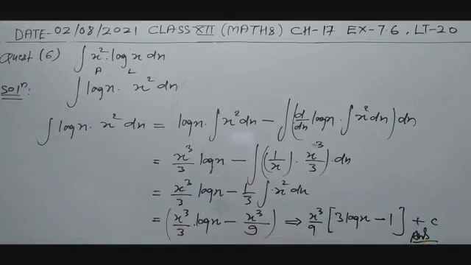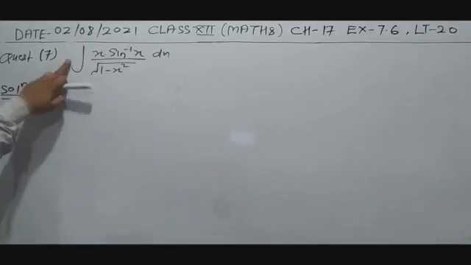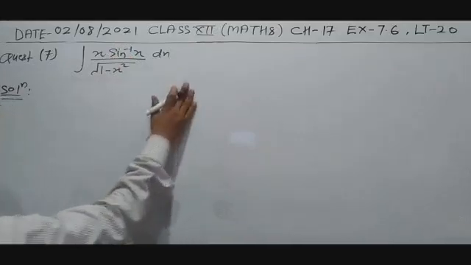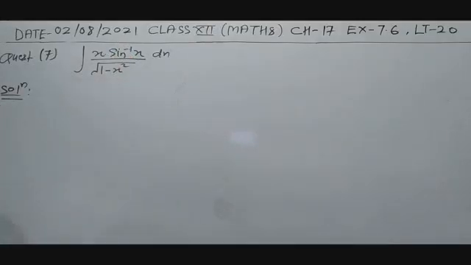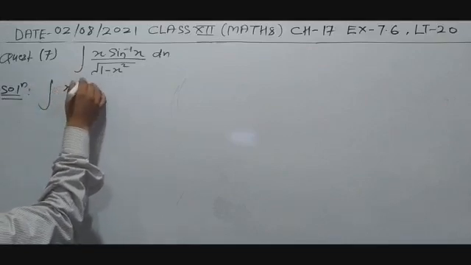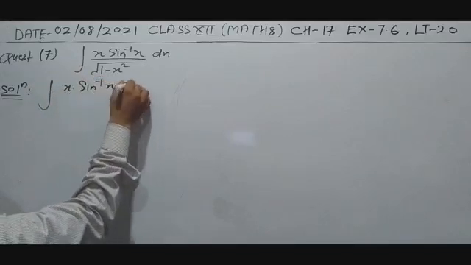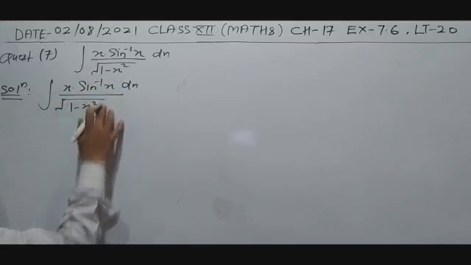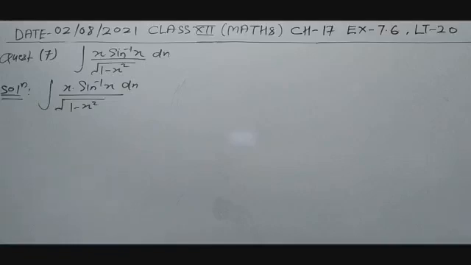Now come to question number 7. Question number 7 is integration over x times sin inverse x whole upon root over 1 minus x square. Then this type of question you have to simplify, or you have to reduce this form. So now solution: given function which I have to integrate, the result is x times sin inverse x whole upon root over 1 minus x square.